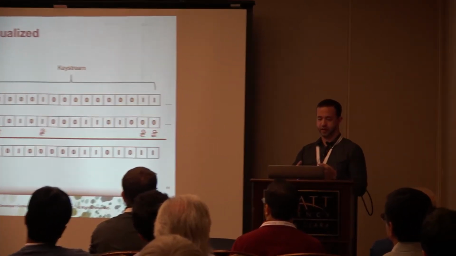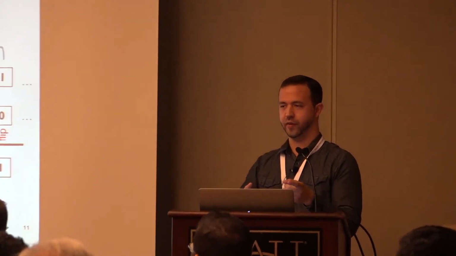So you can't guess the original bit of the message with better than a 50% probability, which is the same odds you would have had if you had not seen the bit of the ciphertext. And then decryption does the same exact process. You put in the same key, you generate the same key stream, you flip all the same bits, and because you flip the same bits, you're back to the original message.